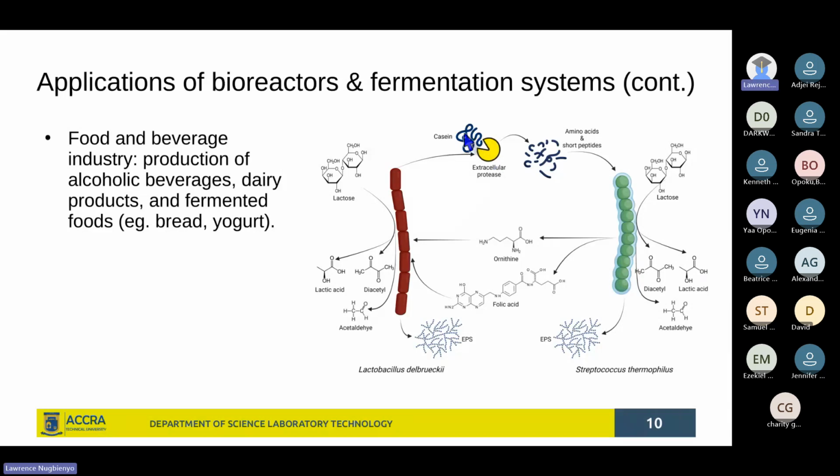So the lactose is milk sugar, but casein is milk protein, so the activity of such extracellular proteases will result in the formation of some thick curds due to the breakdown of casein into some shorter peptides and some amino acids.